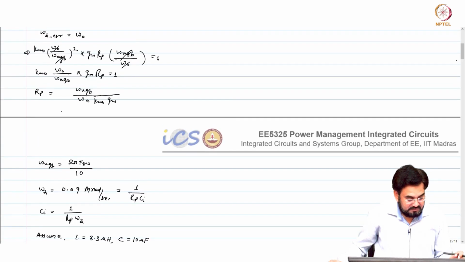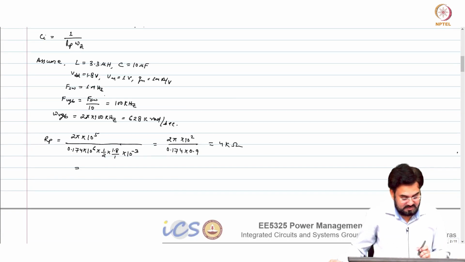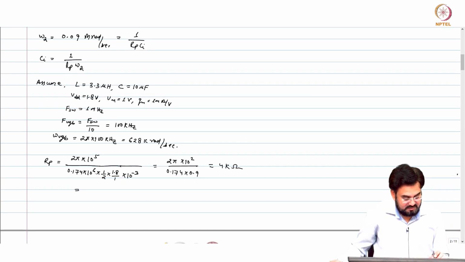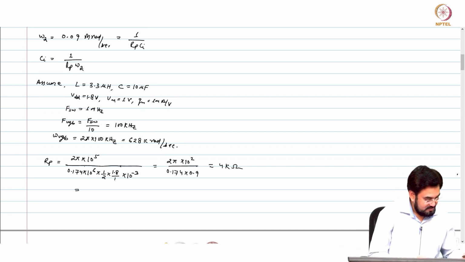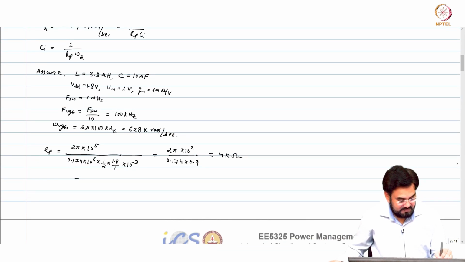So, 10 power 5, 3 goes up, 10 power 2, 0.174. Okay. So, 4 kilo ohm.